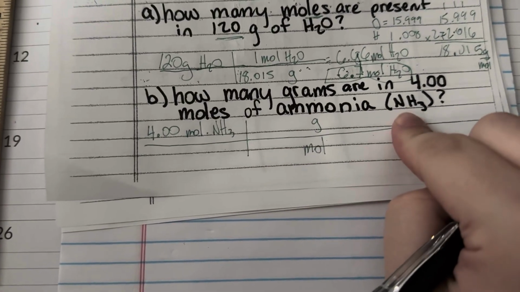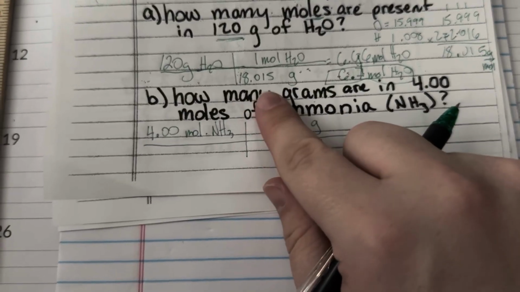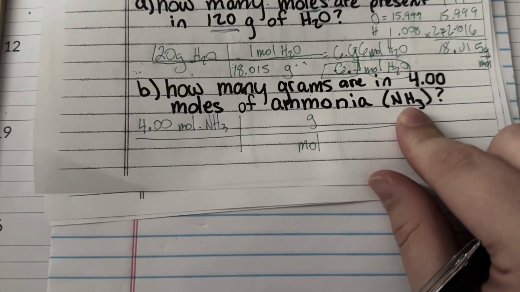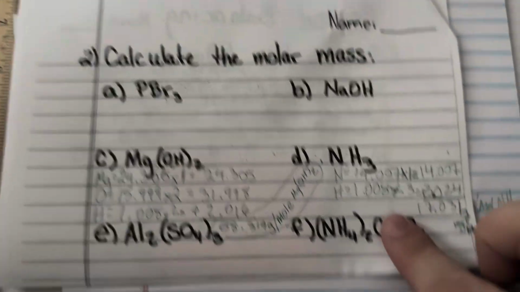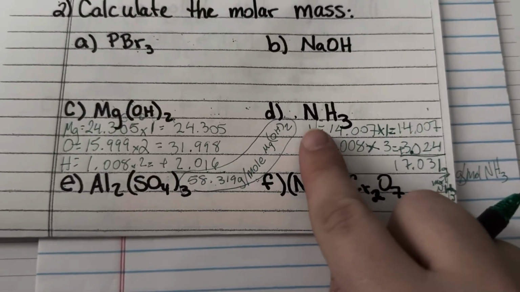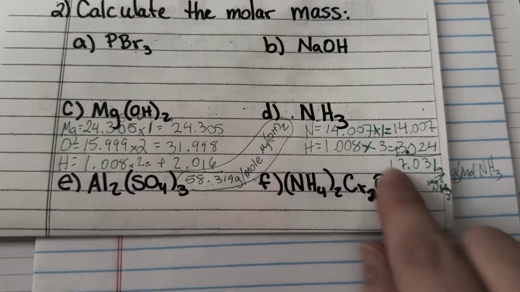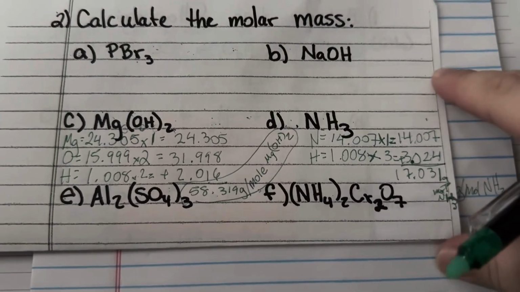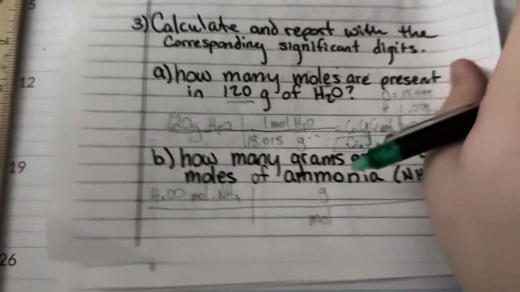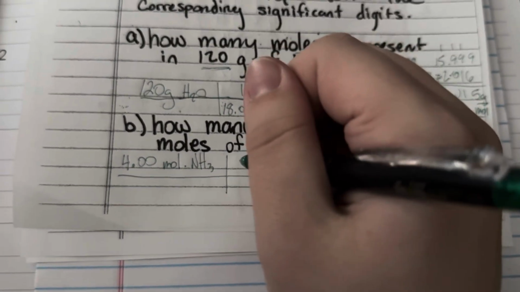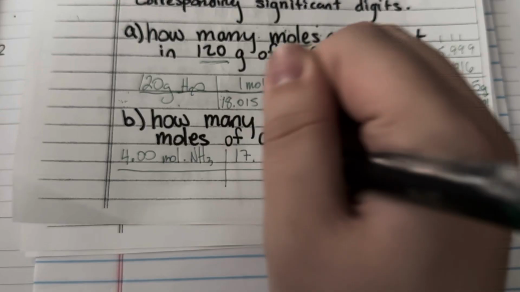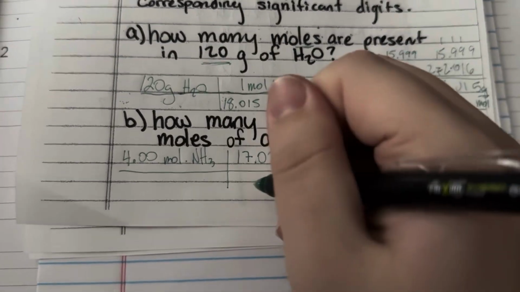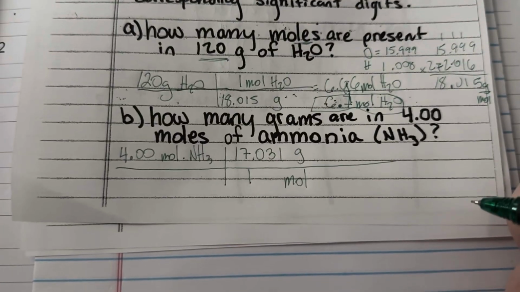But look out, if you just plugged in that 18.015, that's for water. We want ammonia. Now, if you're like me, you noticed that you already did ammonia. Ammonia's molar mass is 17.031, so 17.031 grams for 1 mole.